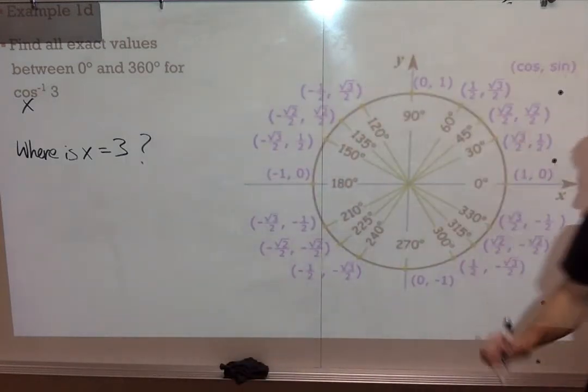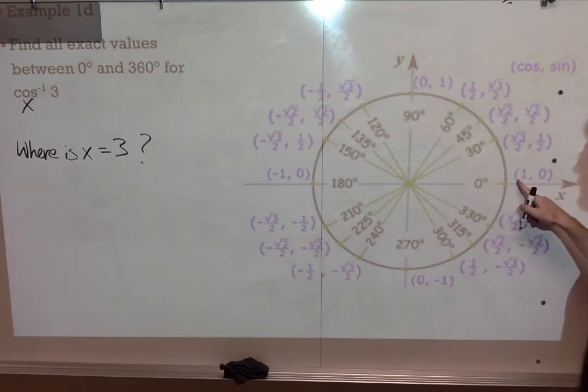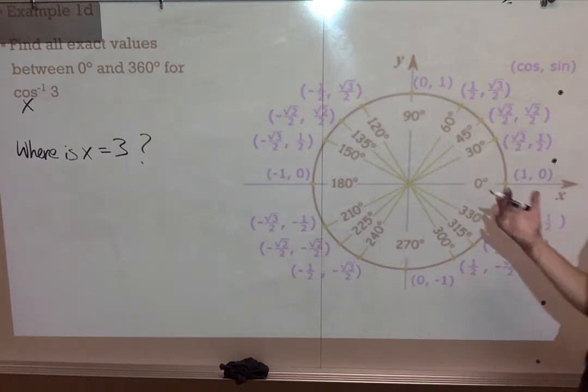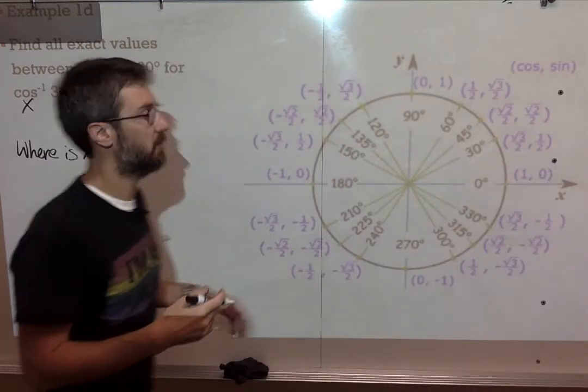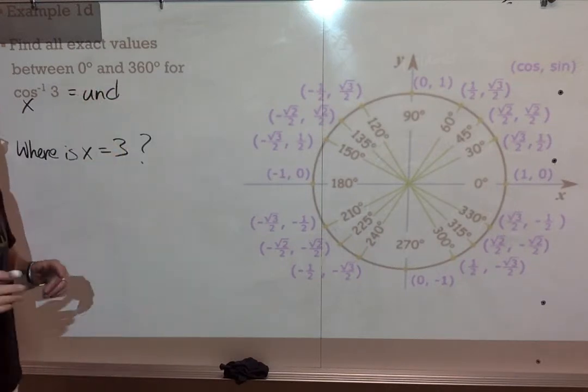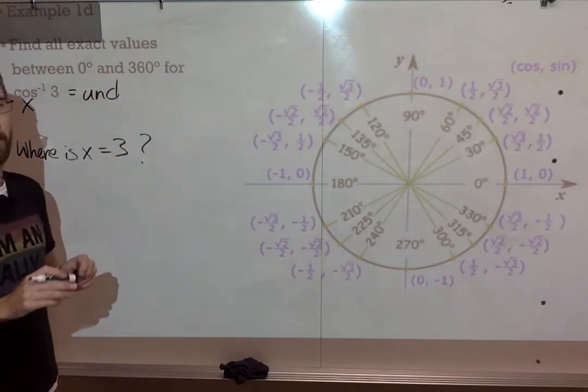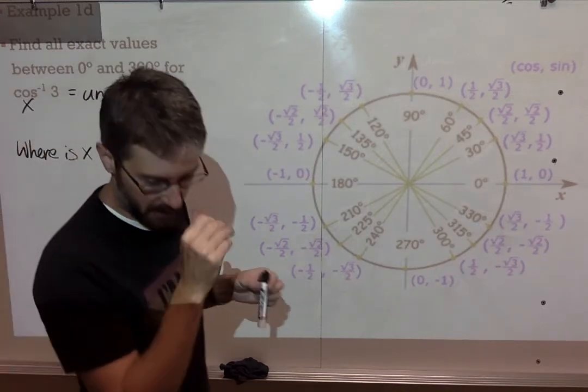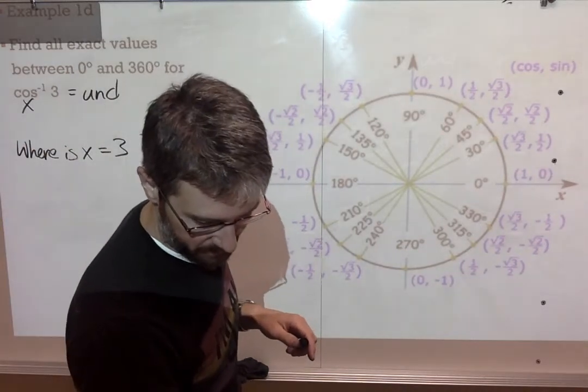X is equal to 1 right here, so 3 would be somewhere way over here off camera. So the answer is that it doesn't. So inverse cosine of 3 is undefined. If you did plug it into your calculator, it would give you the right answer because it would give you an error.